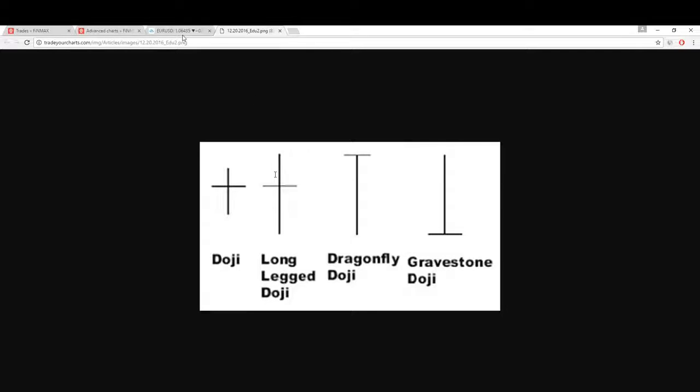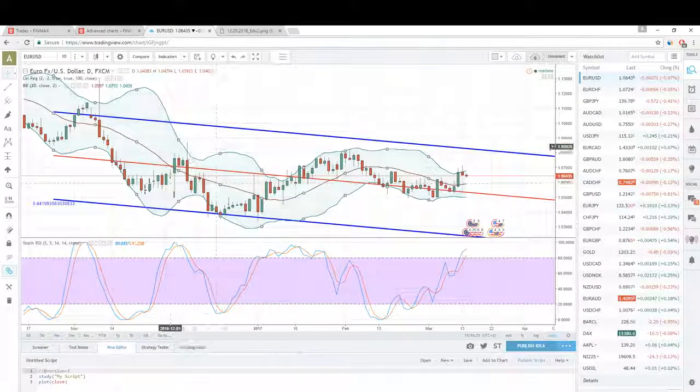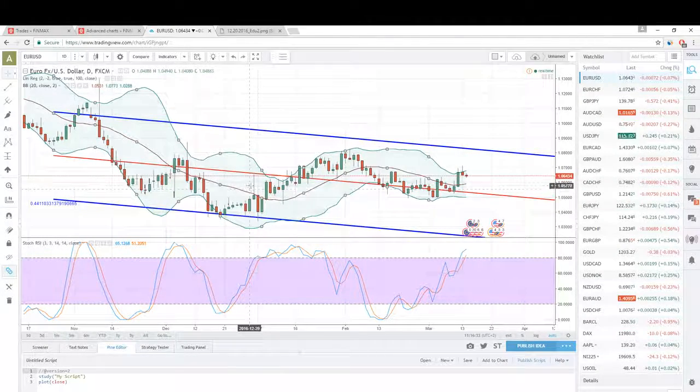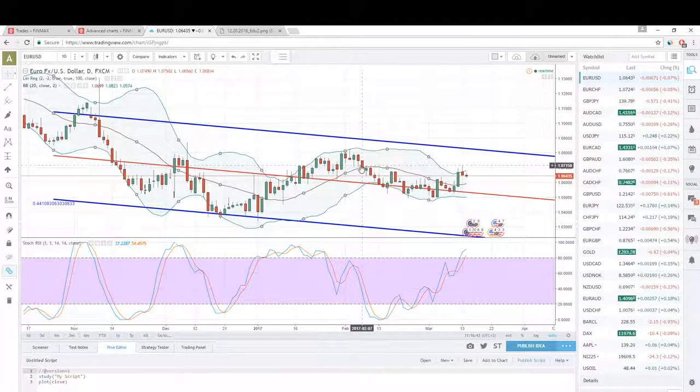Okay, so the most important dragonflies are those that appear at the bottom of the downtrend. As I told you, we are waiting for the next candle, and only after that do we open the trade.